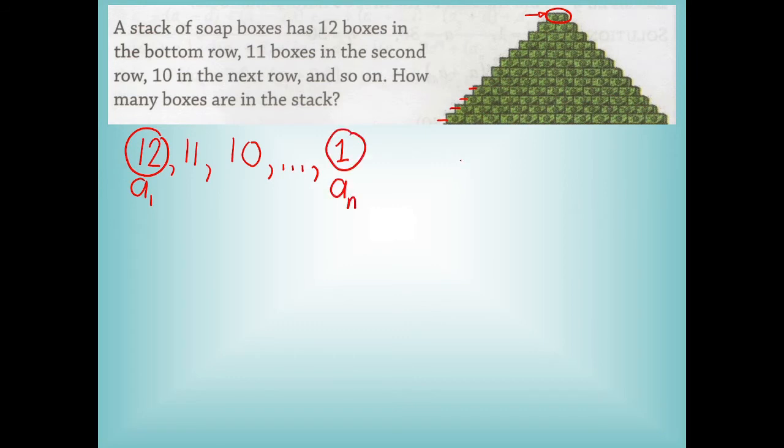Now, my question is this. What is the value of n? How many rows are there? Di na ta mag-solve, right away, ma-determine na nato. It's because it's in the given. Tanawan ninyo ang drawing or tanawan ninyo ang problem. 12, 11, 10. Pila ka ni ka numbers tanan from 12 to 1? 12, obviously.